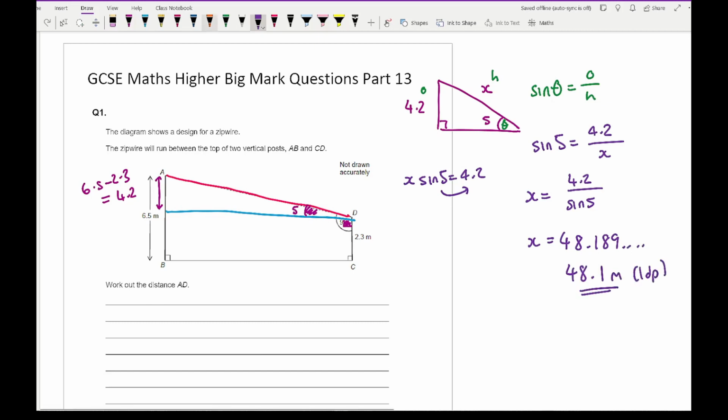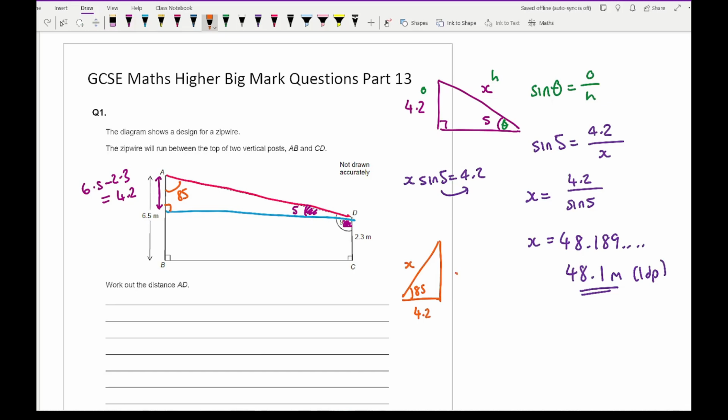Now an alternative you could have done is work out what this angle here is. If that's 5, then this is going to be 85, and the triangle that you're working with is going to have 85. The 4.2 is now the adjacent, and x is the hypotenuse. So here we're going to be using cos.